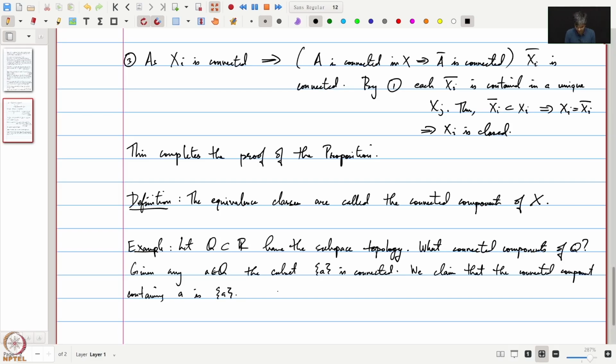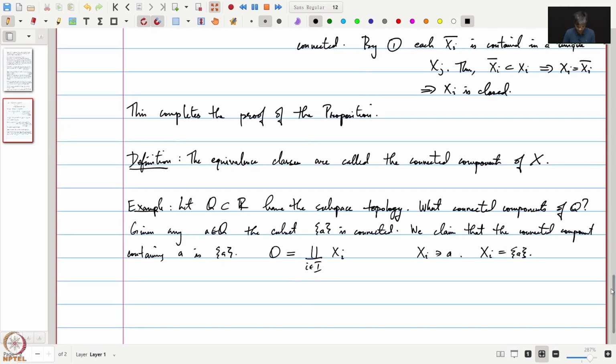So basically what we are saying is, we can write Q as a disjoint union of connected components Xi. Now each Xi is non-empty, obviously, and just pick any A in this Xi, and the claim is Xi is equal to A. Right. So let's see this.